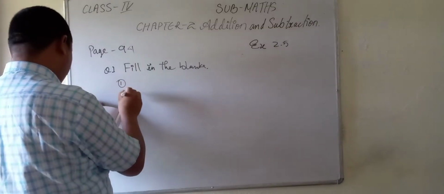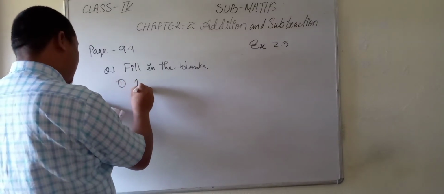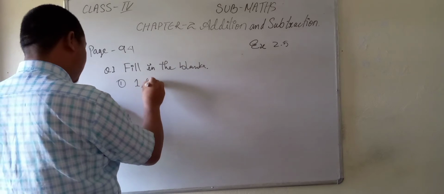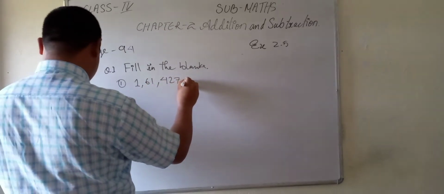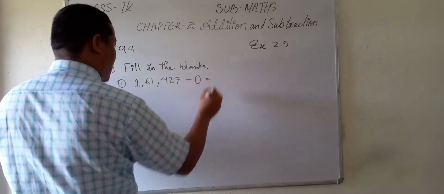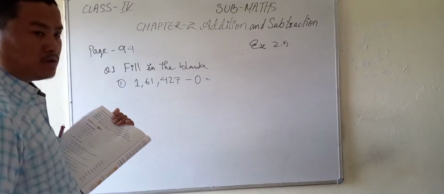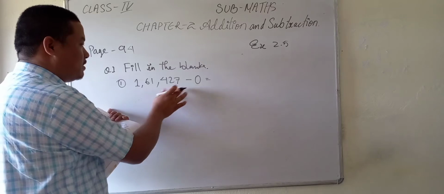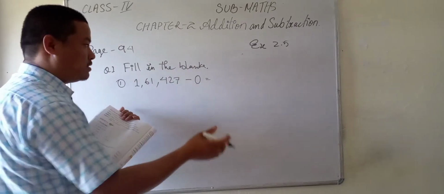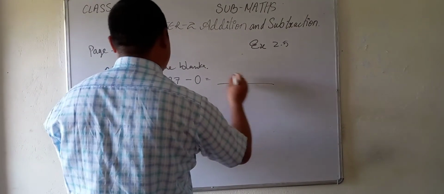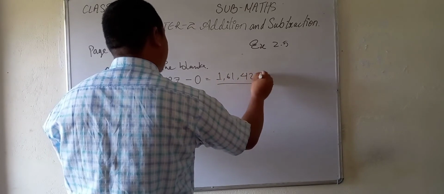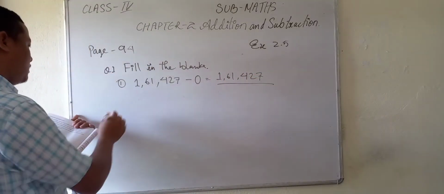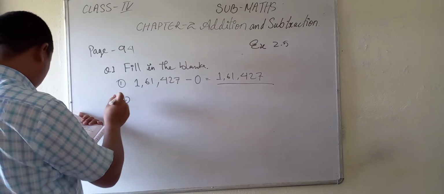First question, question number 1, 1,61,427 minus 0. How much will you get? And just now I told you, from any number you minus 0, we'll get the same number. So we'll get the same number, 1,61,427. Question number 2.